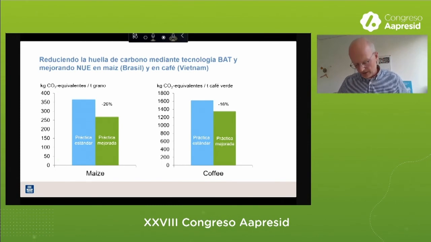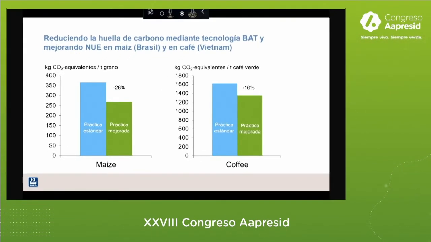We can see in the standard practice, which is basically the common practice in the country, that we have a higher carbon footprint because of, first of all, not using the best available technology products, but also having a lower nitrogen use efficiency. The range of improvements for the maize is a 20 to 30% reduction with improved practices, and in coffee we had on average 16%. So it's a significant enabler for reducing the greenhouse gas emissions.